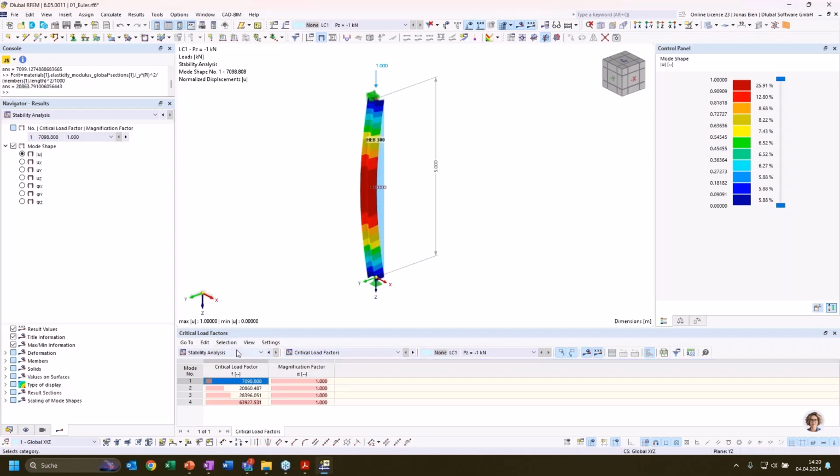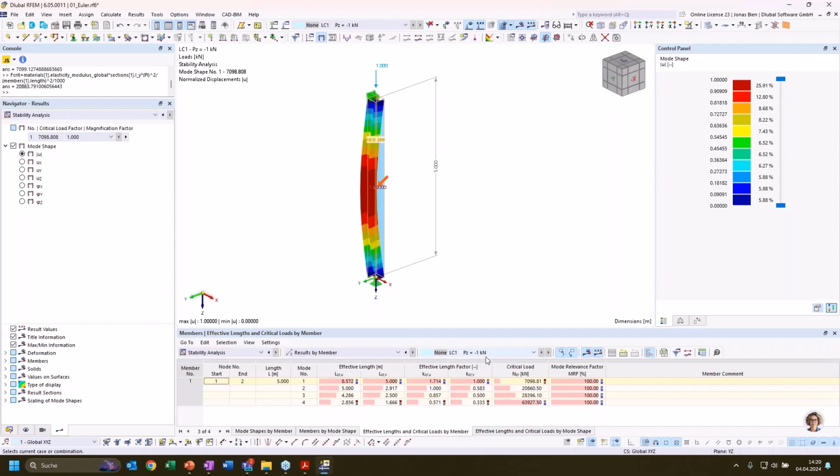Okay, now that that's set and we are confident that our solution provides reasonable values, I want to show you another important result of our stability analysis when it comes to member results.